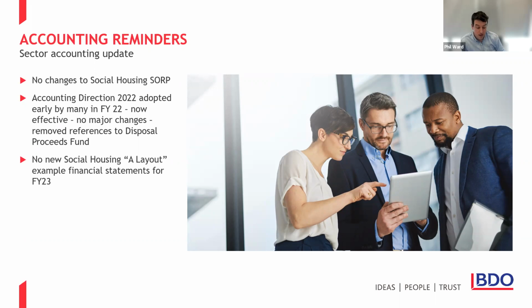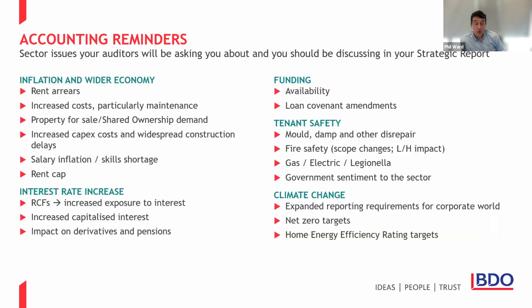And then just finally, as we come into the period where we're auditing, what are we as the auditors thinking about? What are we hoping you're going to see within your strategic front ends? There's quite a lot of information on the slide, but just picking out some key areas. In terms of the economy, rent arrears, clearly with the cost of living crisis and the impact of that on your tenant population, is going to be key, and how you're dealing with that.